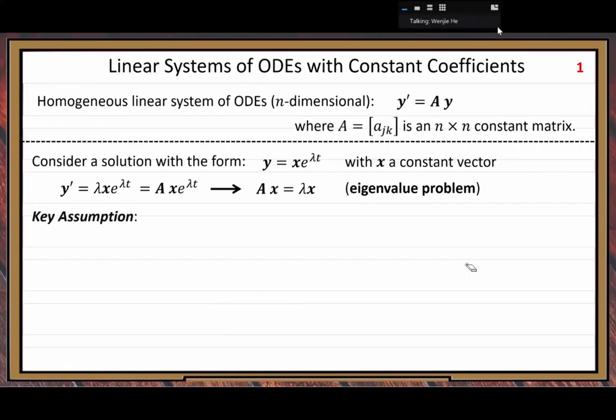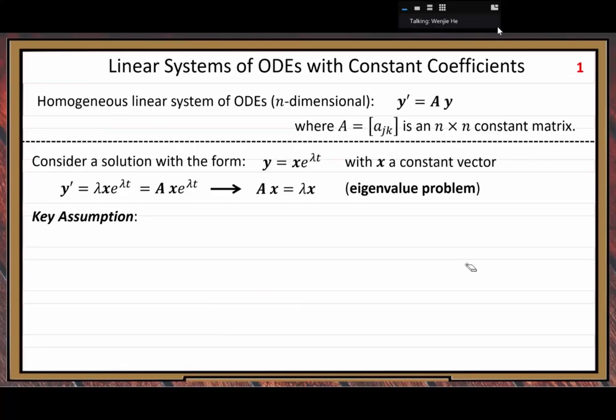Now, regarding the eigenvalue problem, actually it's a very complicated problem. If you want to study the whole problem completely, it is very complicated. So for us, we only want to study a relatively simpler part of this eigenvalue problem.